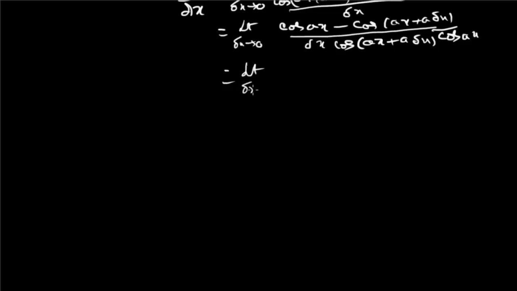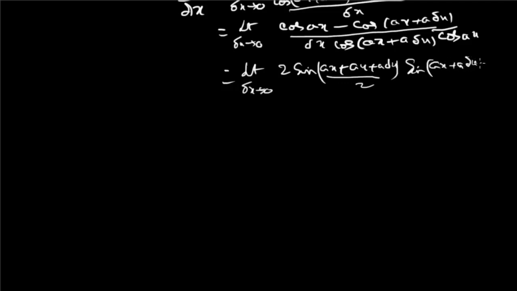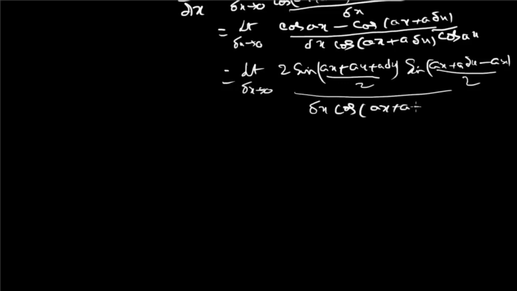So limit delta x tending to 0 of 2 sin of ax plus a delta x plus ax by 2 into sin of ax plus a delta x minus ax by 2, and as usual the denominator is there, that is delta x into cos of ax plus a delta x into cos ax. Now here this ax and minus ax cancel, a delta x by 2 is there.